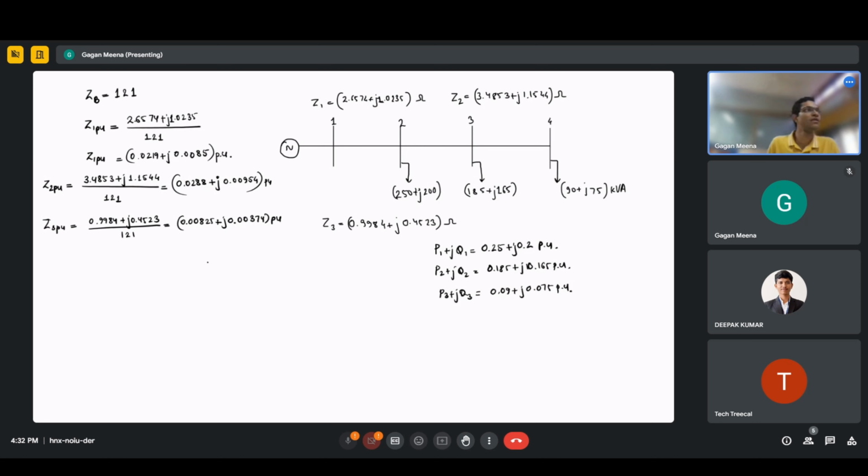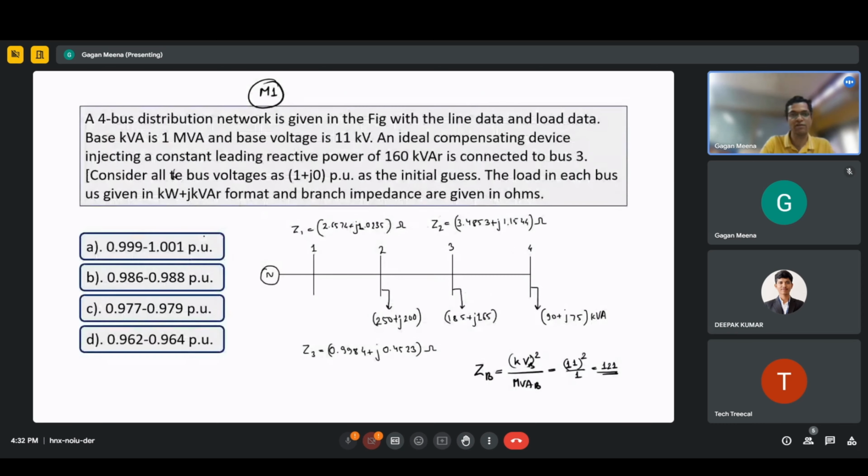Okay, now we have all this. So, initial guesses, with angle 0. What should we do now? I think we have to do only one iteration.